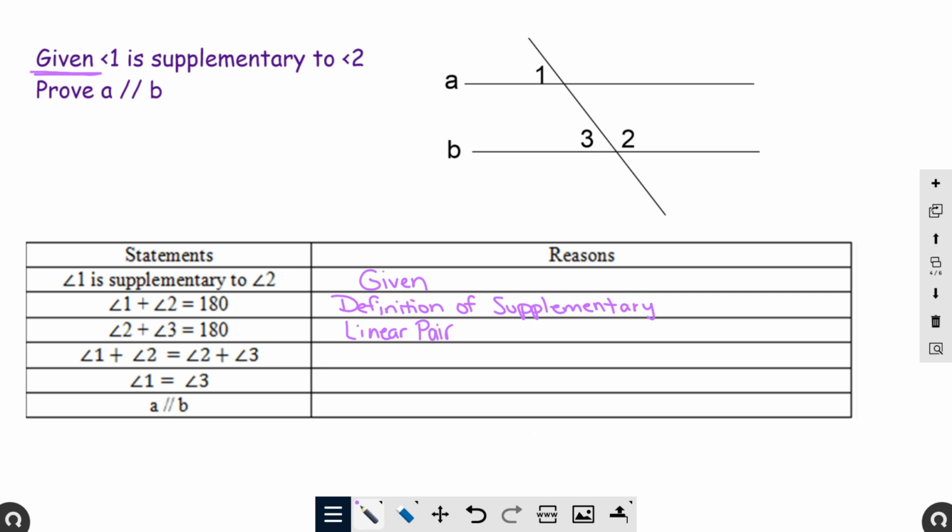Now here we're setting angle 1 plus angle 2 equal to angle 2 plus angle 3. I see that addition up here in the steps before it, right? So how do I go from these 2 steps to get to this step? Angle 1 and angle 2 equal 180. Angle 2 and angle 3 equal 180. So why do they equal each other?